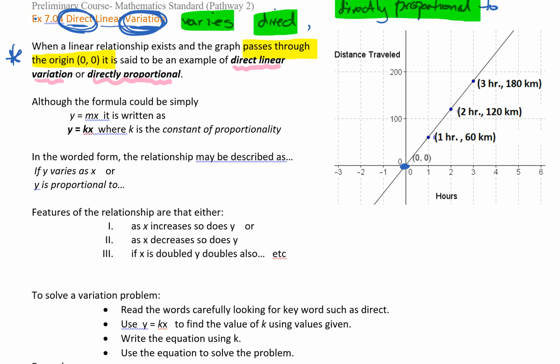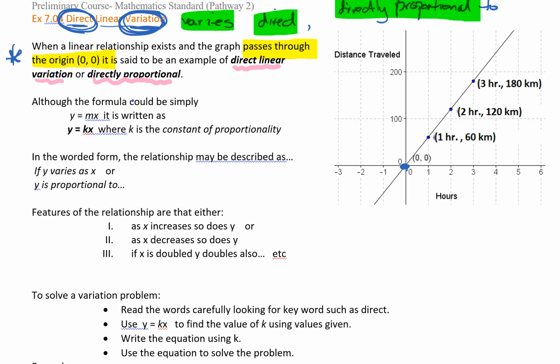But now because the b is 0, because b is, remember, where the graph cuts the y-axis, and it's going to cut the y-axis at 0, then it's dropped off. So the formula for this example of linear relationships could have been just written as y equals mx.